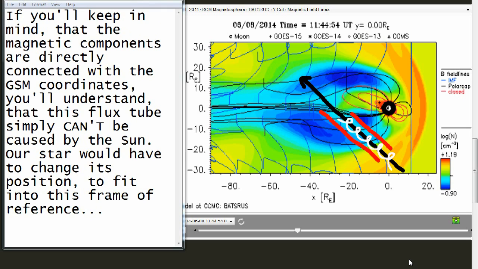If you keep in mind that the magnetic components are directly connected with the GSM coordinates, you will understand that this flux tube simply can't be caused by the Sun. Our star would have to change its position to fit into this frame of reference.